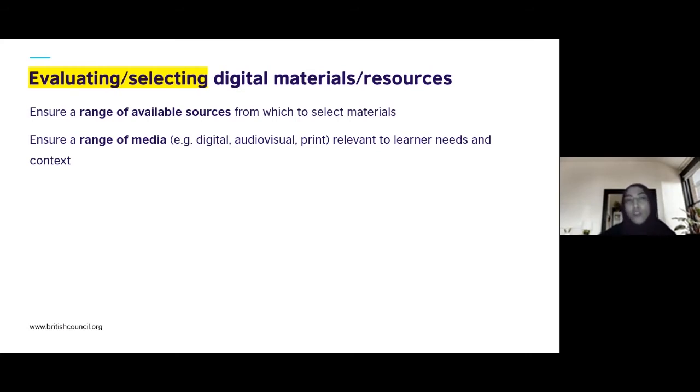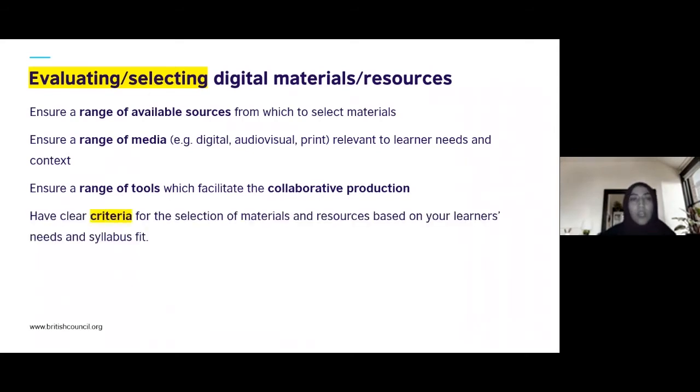Pick something digital, some text, some print, some audiovisual content, but all should be relevant to your needs, learners' needs, and your context. Make sure that you bring a range of tools to your remote teaching experience just to facilitate collaboration or collaborative production. Make sure your learners are productive. They have something to produce through collaboration with themselves and with you. And make sure you have a checklist with criteria for selecting the materials.